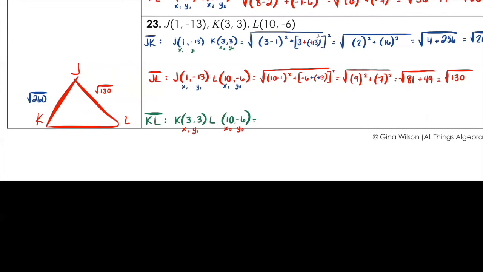All right, here we go. Another adventure down the Distance Formula Express. So we got 10 minus 3 squared plus negative 6 minus 3 squared.